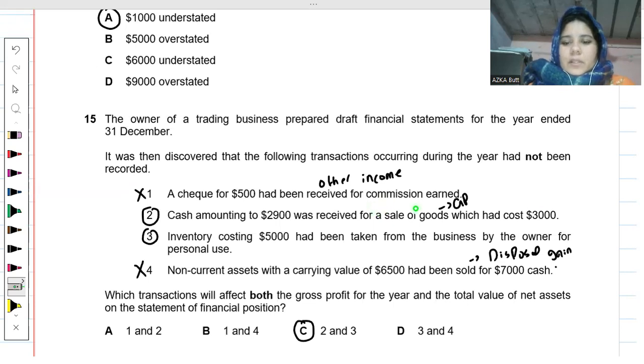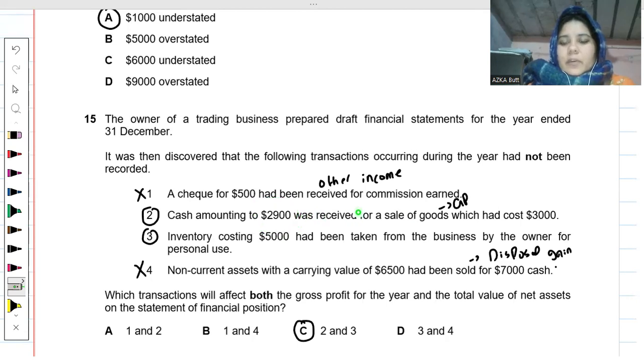Also, because you are losing some amount on the sale of these goods, it would affect the net assets value, because its cost was 3,000 and you received $2,900.